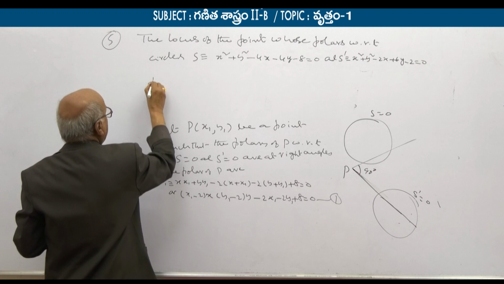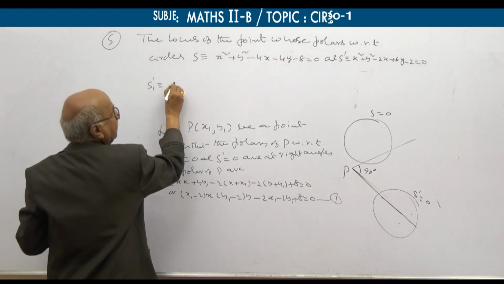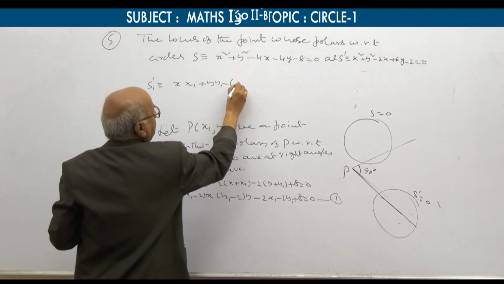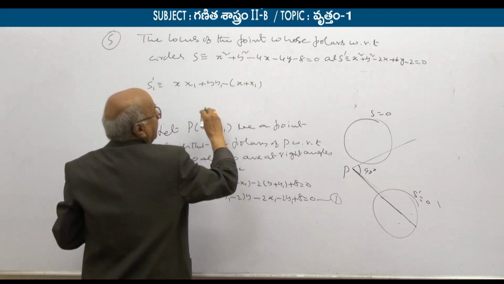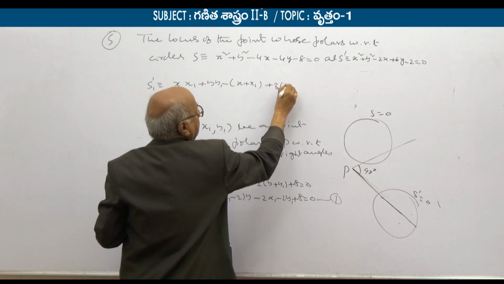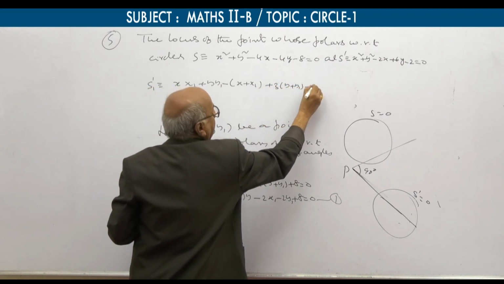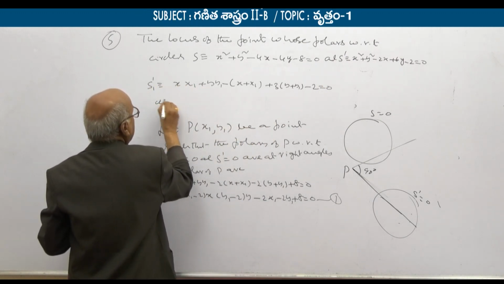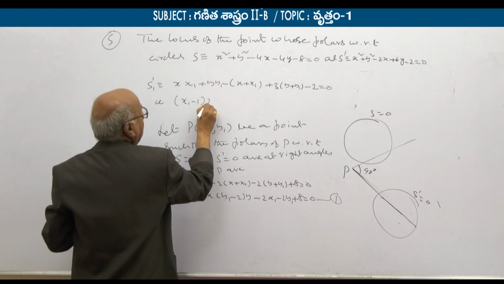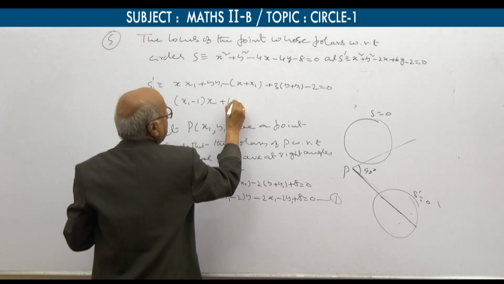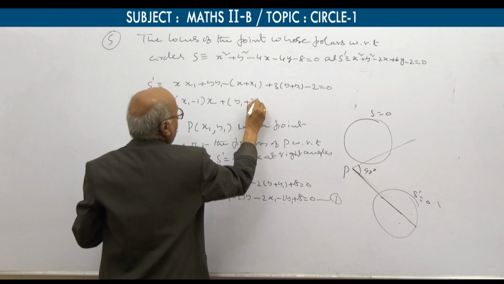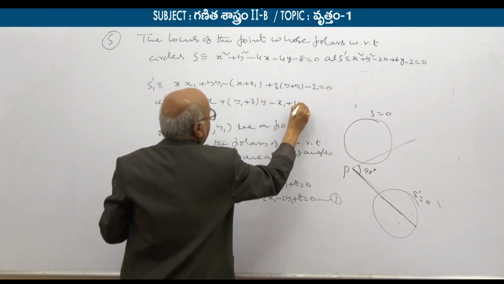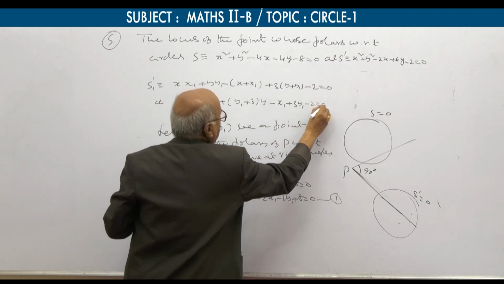And S dash 1 is x x1 plus y y1 minus (x plus x1) plus 3 into (y plus y1) minus 2 equal to 0, or that is (x1 minus 1) into x plus (y1 plus 3) into y minus x1 plus 3y1 minus 2 equal to 0.